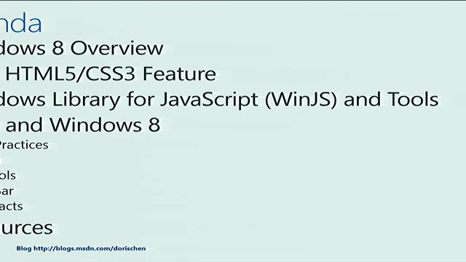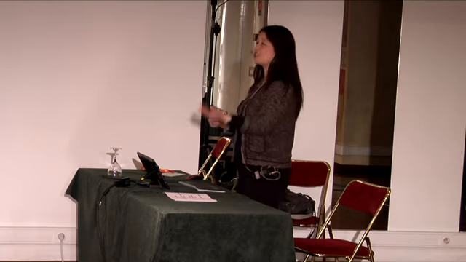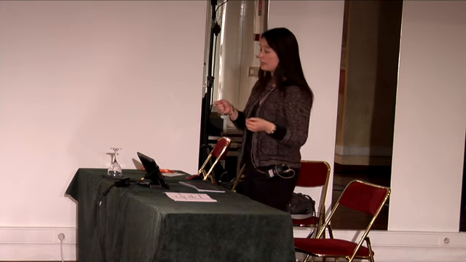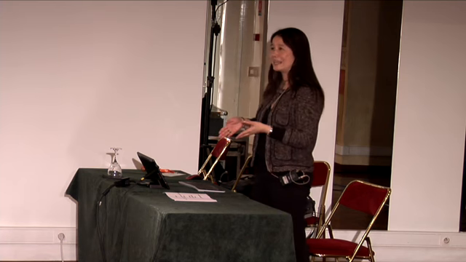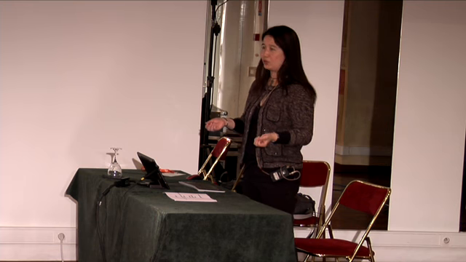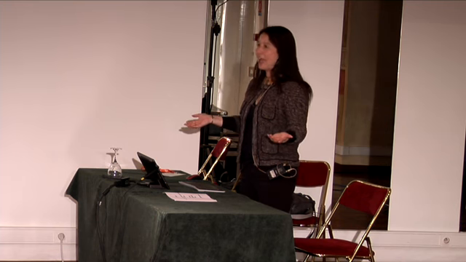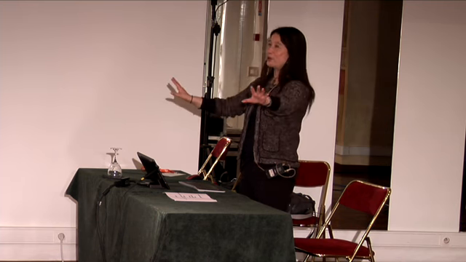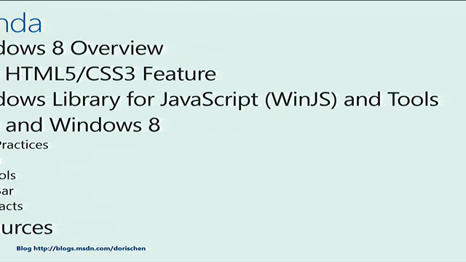And the most important thing I want to share with you as a web developer, as a JavaScript developer: what are the things we could do on Windows 8? How much new stuff do you have to learn? And what are the skill sets we already have? I can assure you, you already have all the web skill set you need to develop a Windows 8 application, because that's all we need. We're going to go over that. And towards the end, the important thing, sharing your resources, because 1 hour is not going to do a lot of work for you.